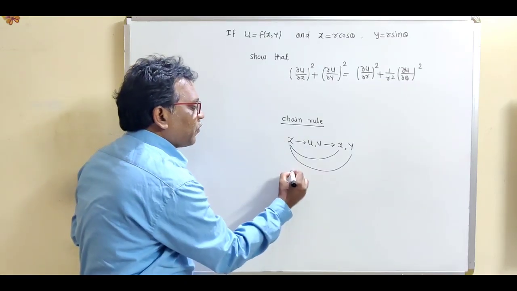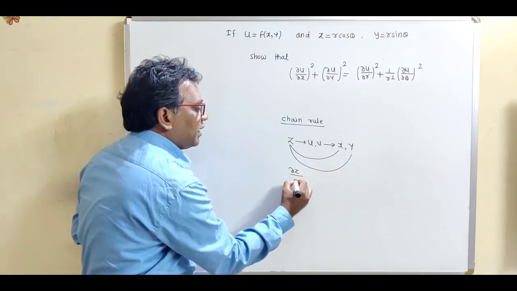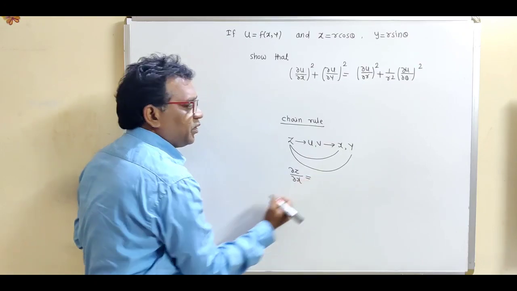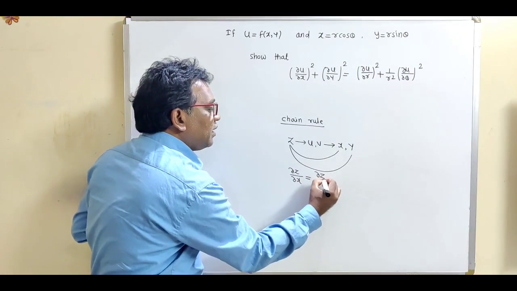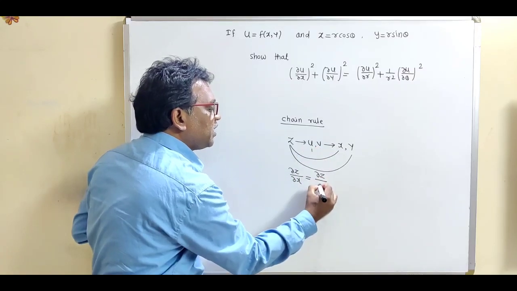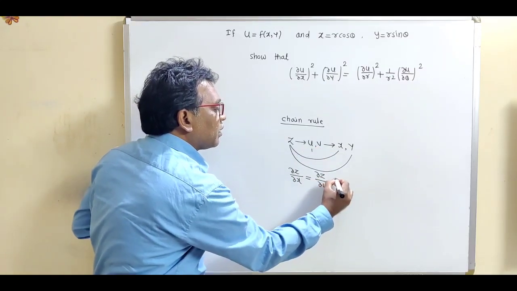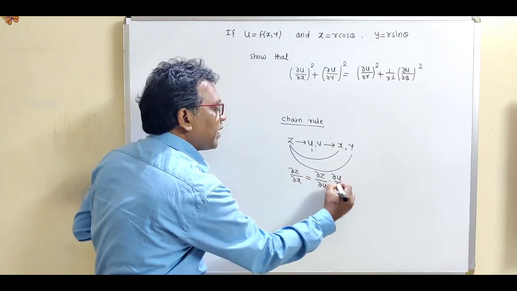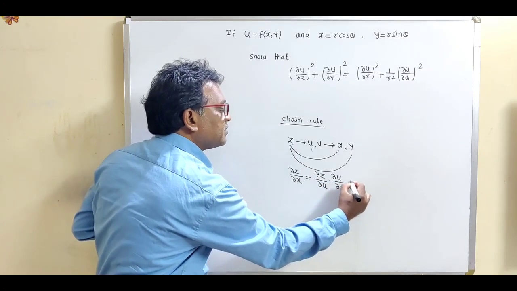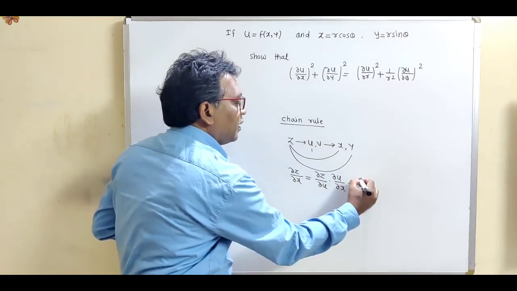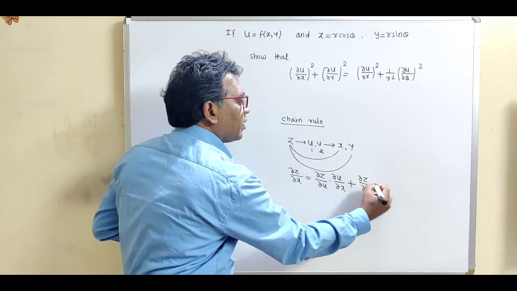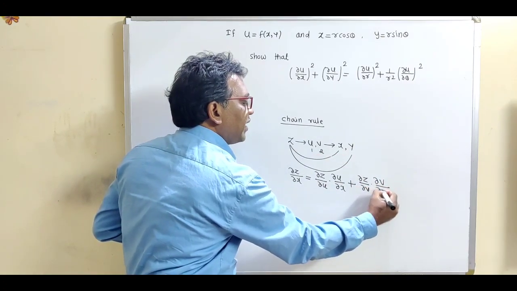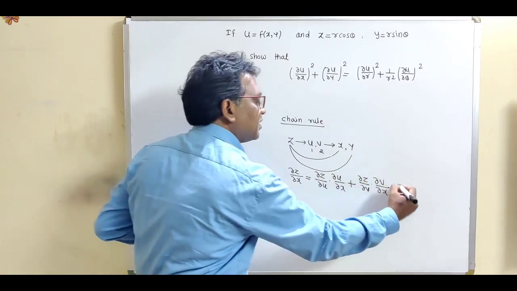and this is given by the formula: del z by del x is equal to, this is the starting term, del z by this first variable u cross this del u divided by same term which is del x, plus del z by this second variable v cross this del v divided by same term which is del x.